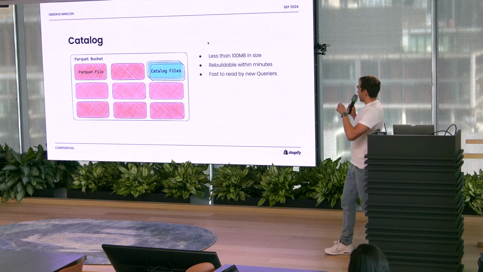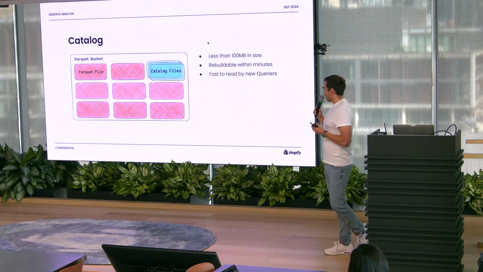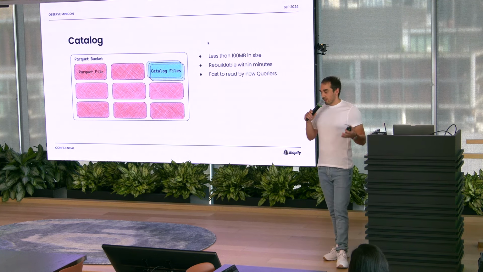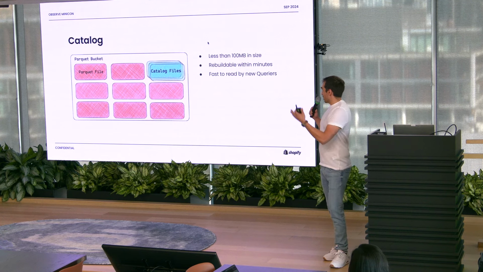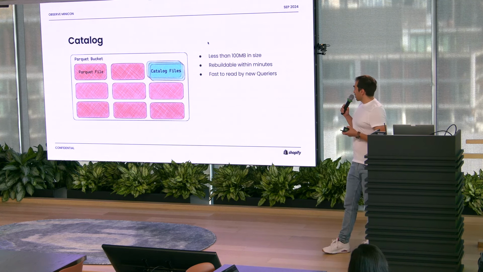And finally, the component that's missing from that diagram is what we call a catalog. We tried really hard not to make this yet another service. So the catalog is just a set of files found in the same bucket as those Parquet files.